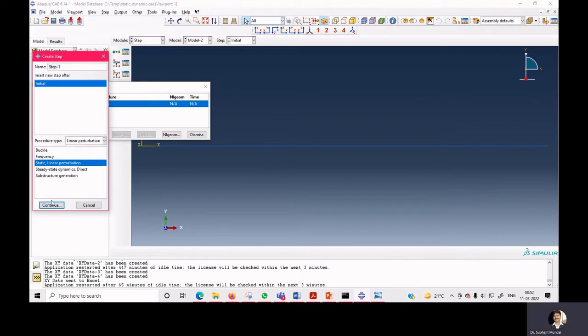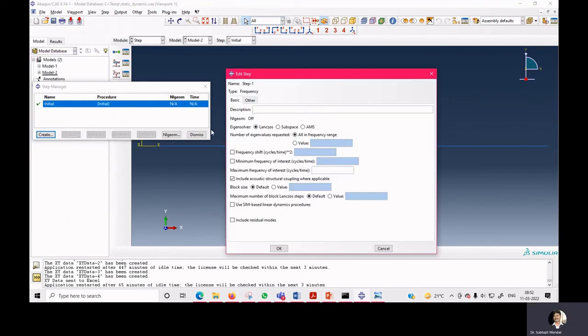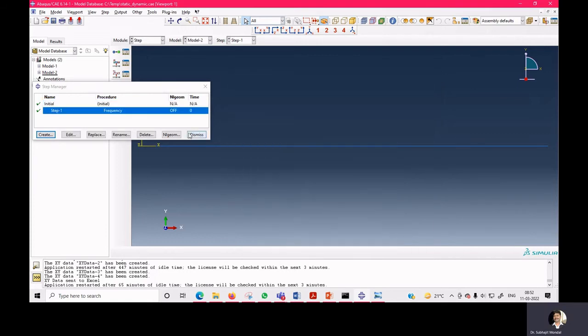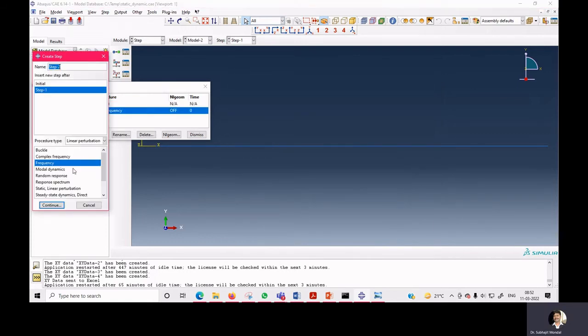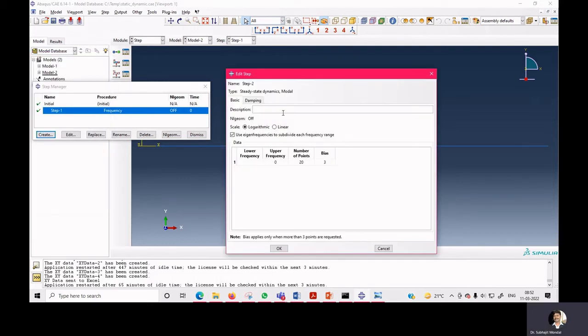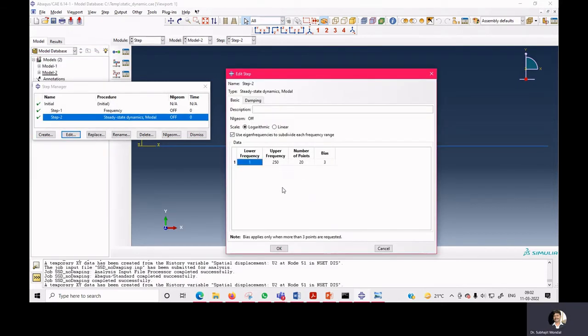Step 1 will be linear perturbation frequency analysis, and my first 5 frequencies we are interested in. Next, the second step, we are going to analyze steady state modal. Here, lower frequency I am giving 1, and upper frequency I am giving 250.